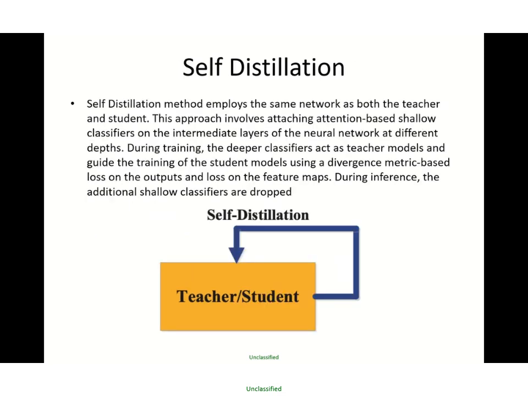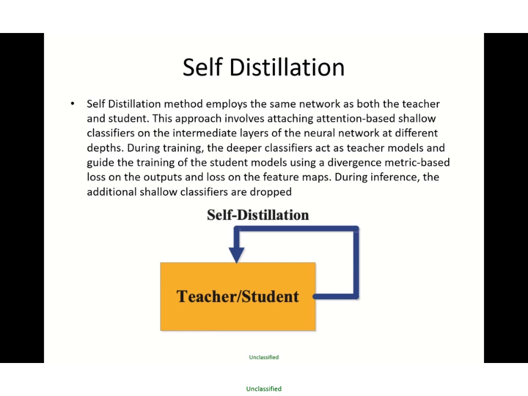And the last type is self-distillation. The self-distillation method employs the same network as both the teacher and student. This approach involves attaching attention-based shallow classifiers on the intermediate layers of the neural network at different depths.